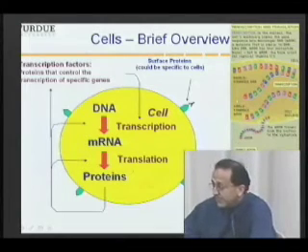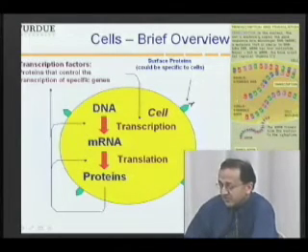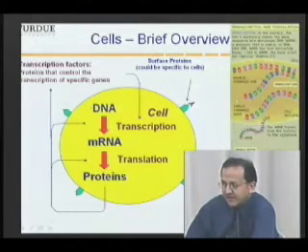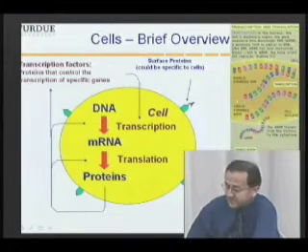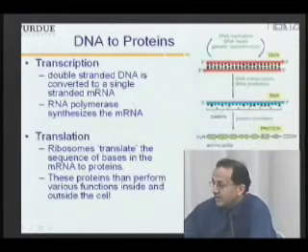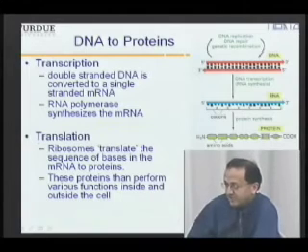So transcription is the process where double-stranded DNA is converted to a single strand of mRNA. Okay? DNA is a double-stranded structure. It has a double helical structure, and you can think of it as similar to a twisted ladder.